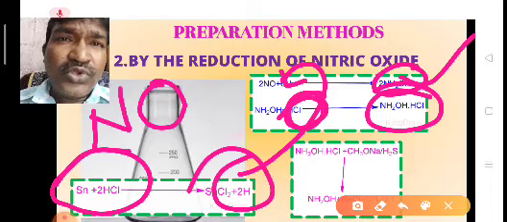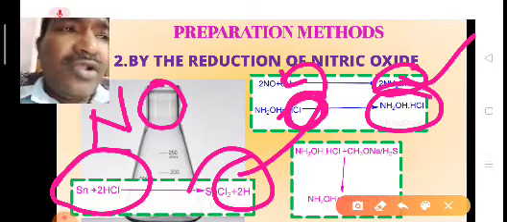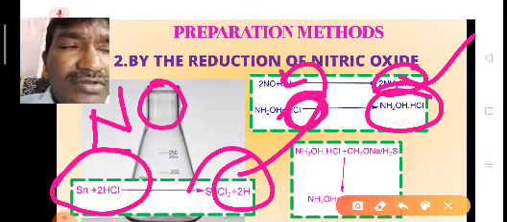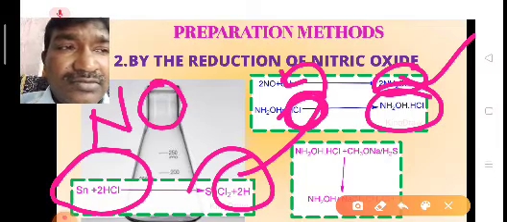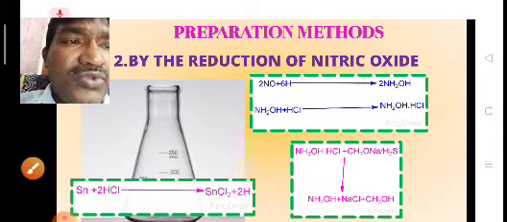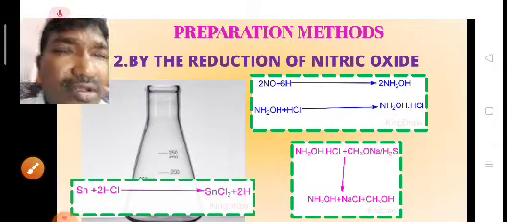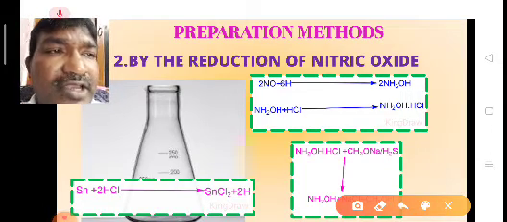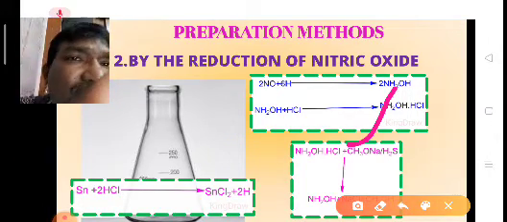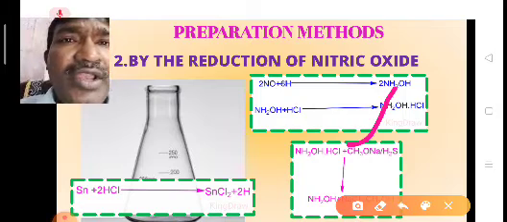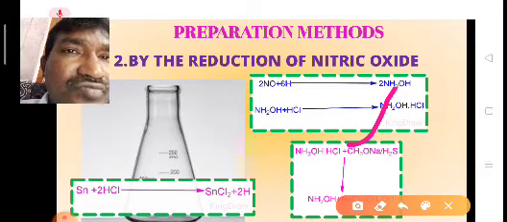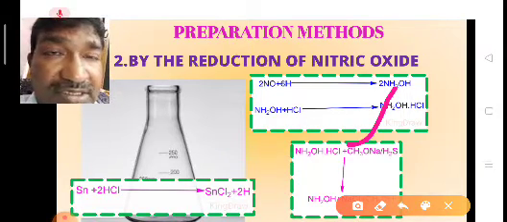So how do we have to separate hydroxylamine from that salt? Either by using sodium methoxide, CH3ONa, which is a strong base.